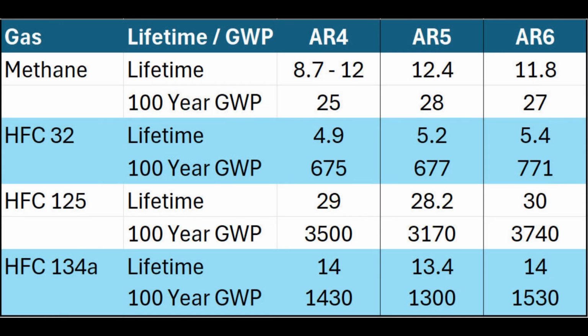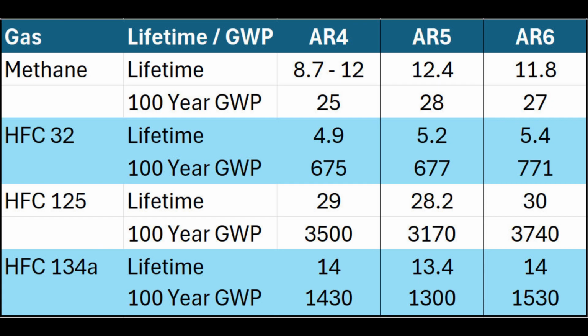Here is a table showing the difference in atmospheric life estimates and GWP calculations from three different IPCC reports, AR4, AR5, and AR6. Note that the estimated life varies slightly among the reports. The atmospheric life of a greenhouse gas is an estimate based on the best available science at the time of the report. These estimates are refined as more is learned about the greenhouse gases and their interaction with other gases in the atmosphere.